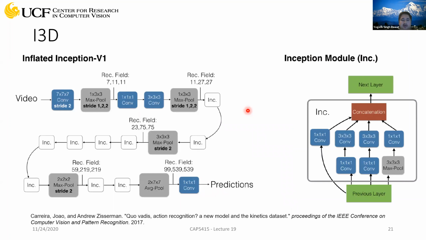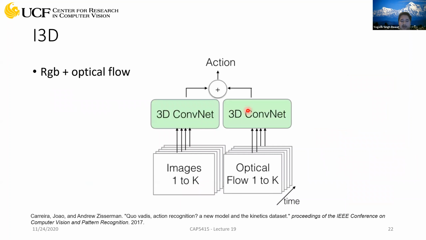Now, one interesting experiment they did is, so we have talked about optical flow, right? And we discussed how optical flow can be very useful for extracting features from videos. So it has been shown that optical flow is also useful for action recognition.